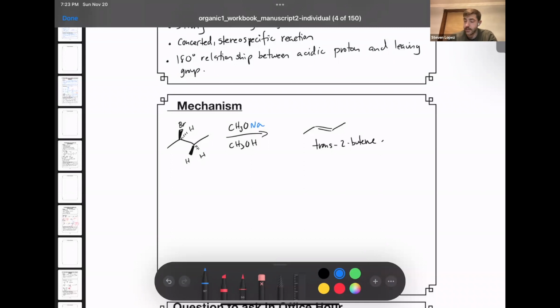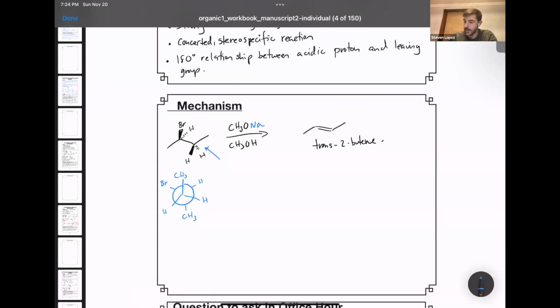Here, there's a difference, and it has to do with the required stereochemical relationship of these two protons. So what I'm going to do is show a Newman projection looking down this bond here to illustrate this point. Okay, so here's the Newman projection.